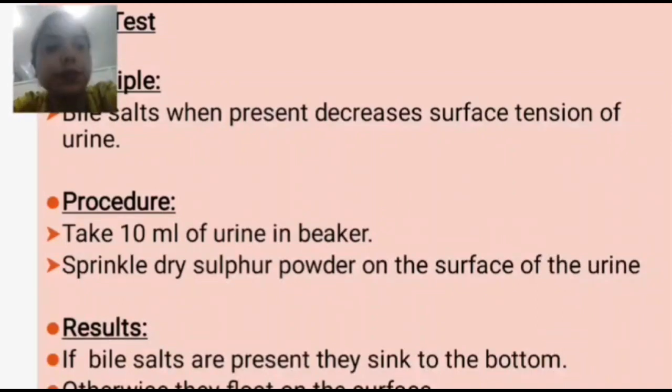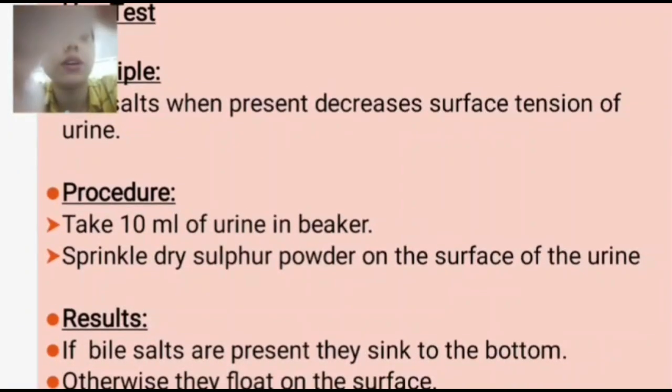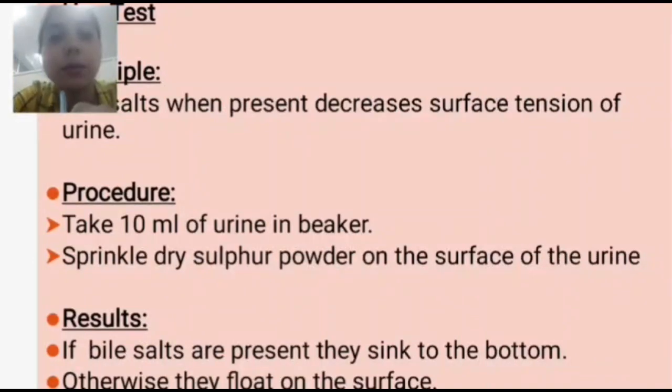For the reagent, we need one thing, that is sulfur powder, and for the specimen, we need a urine sample. So basically we take 10 ml of urine in a beaker, and on it we sprinkle some dry sulfur powder on the surface of the urine.